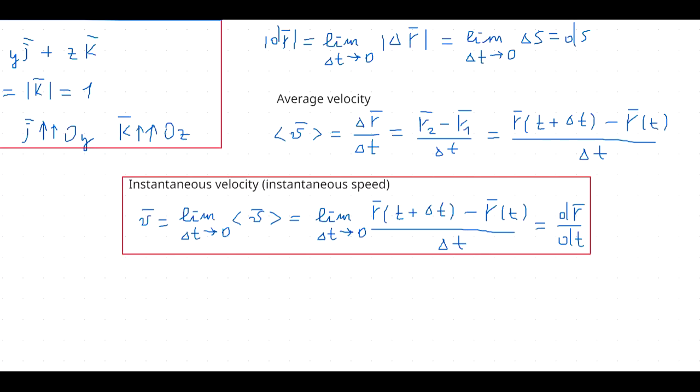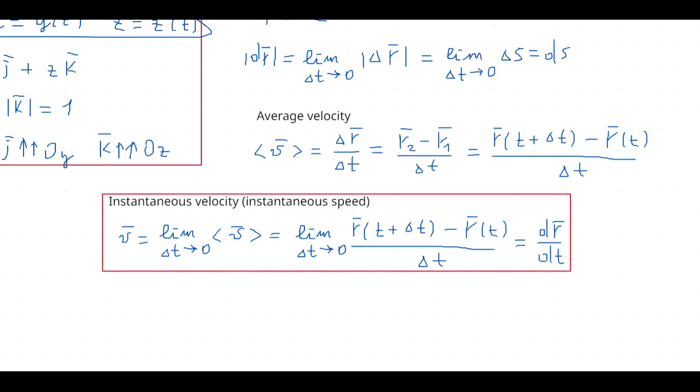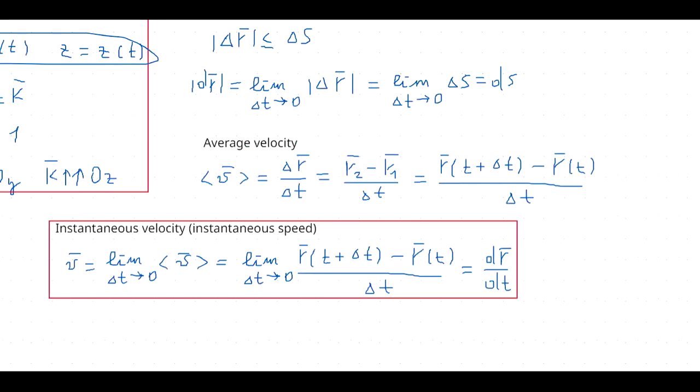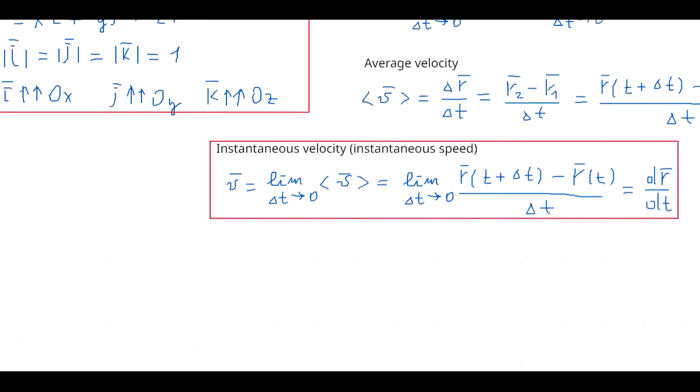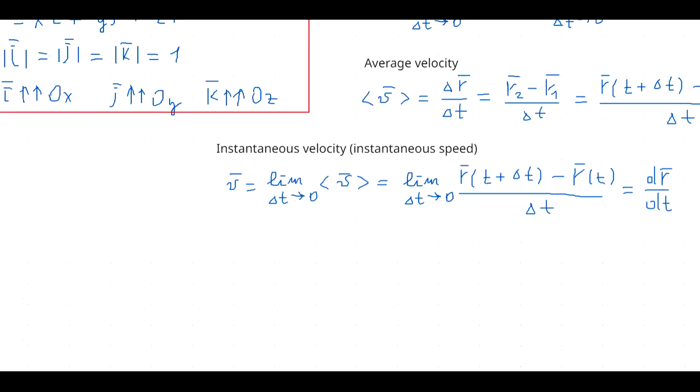So let's find the absolute value of instantaneous speed. Before doing this, we can also write this in another way.